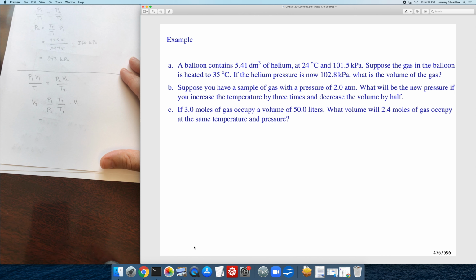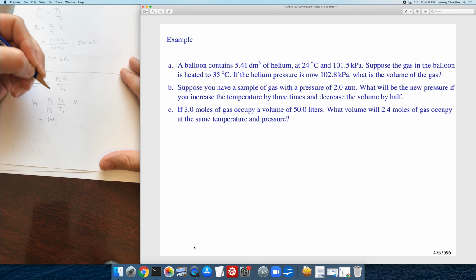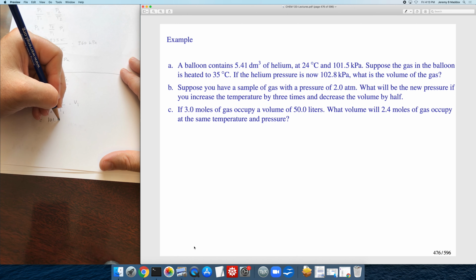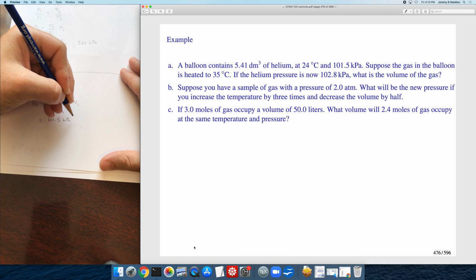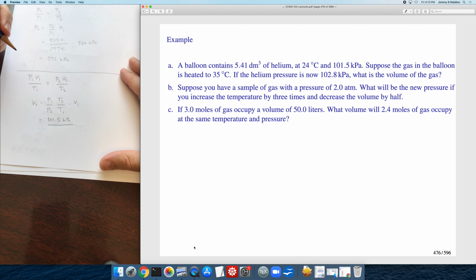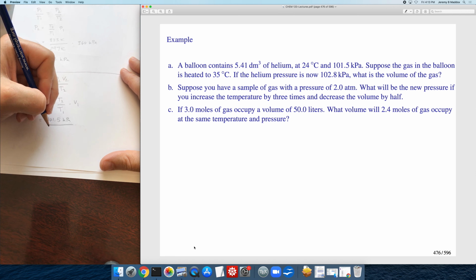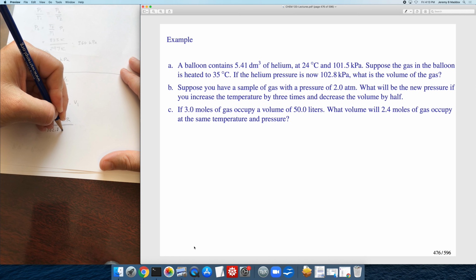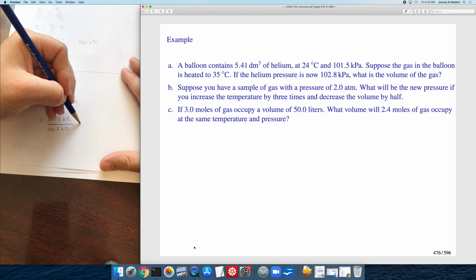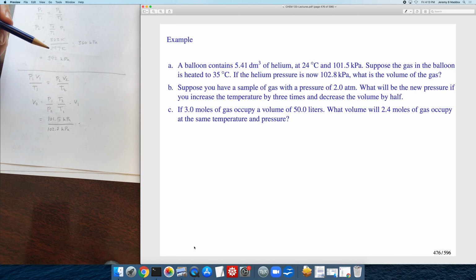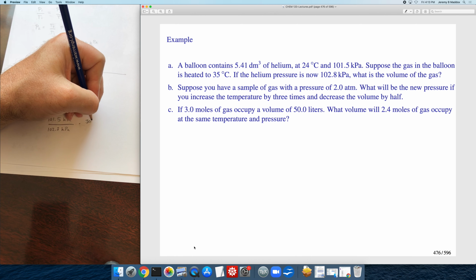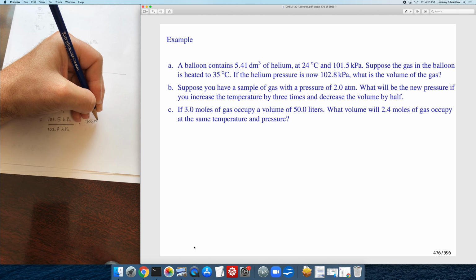So the initial pressure, 101.5 kilopascals. Final pressure, 102.8. Now we need the final temperature. The final temperature was 35 degrees Celsius, so 35 plus 273 gives us 308 Kelvin in the numerator.